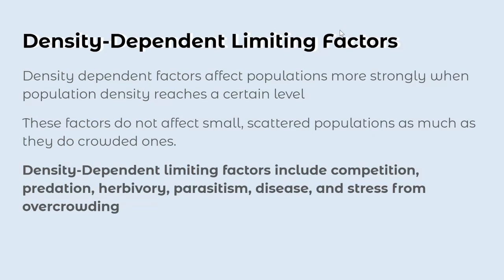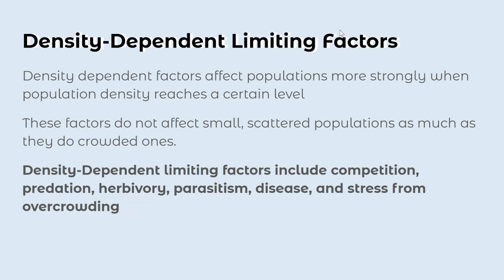Then we're going to start off with the density dependent limiting factors. Density dependent factors affect populations really strongly when the population density reaches a certain level. So, the limiting factor is dependent on the density.